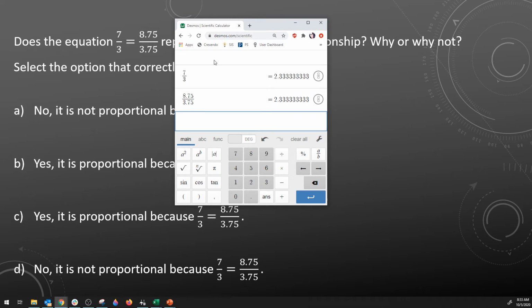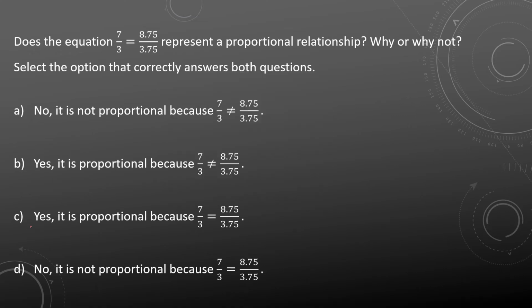There we go. It looks like they do give me the same exact decimal, which means yes, they are proportional. So yes, they are proportional because 7 over 3 equals 8.75 over 3.75. Notice how this one also says yes, however there's this does not equal sign in between. Don't pick that one because they are equal.